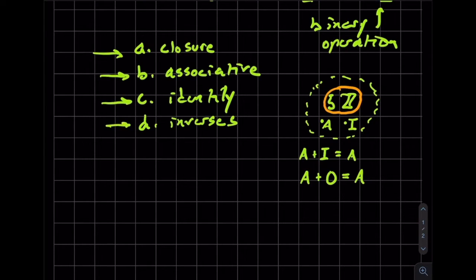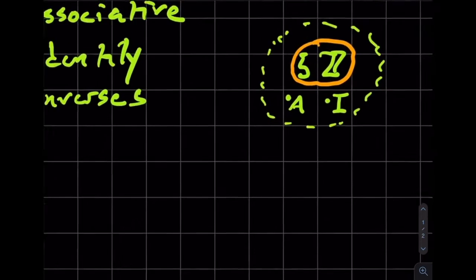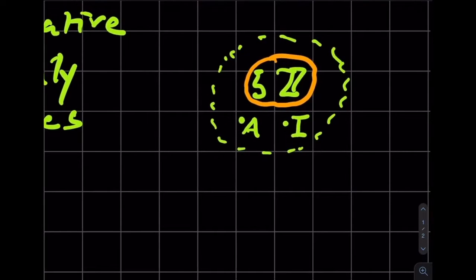Now inverses, so what inverse means, it's related to identity in this way. So let me clear some of this out. Okay, so I'm again going to give us A here, I'm going to give us our identity again, but now I'm going to add a new element.